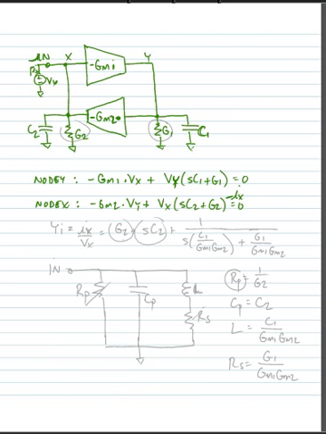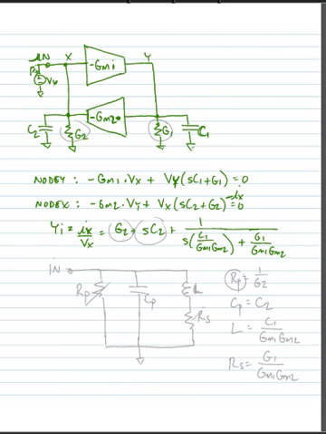Alright, so solving these equations simultaneously and solving for the input admittance, Y sub I, which is equal to Ix over Vx, we would find that the value is equal to G2 plus SC2 plus 1 divided by (SC1 over GM1 GM2 plus G1 over GM1 GM2).